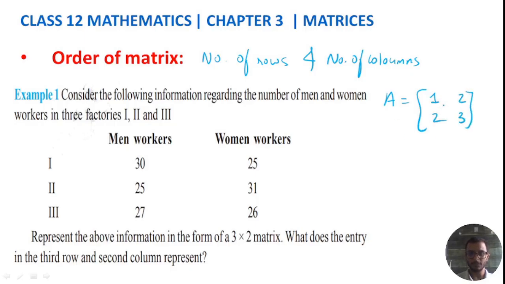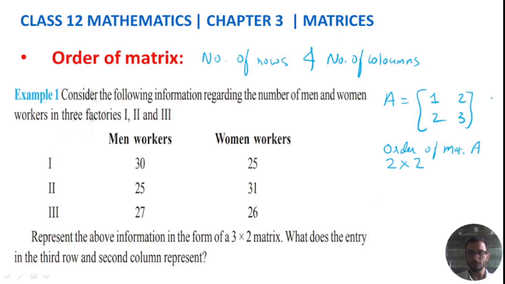Then how many rows are there in this matrix? 1 and 2, two rows, right? And how many columns are there? 2 columns. So we write the order of this matrix as 2 cross 2. This is called the order of matrix A. Order of matrix A is 2 cross 2.